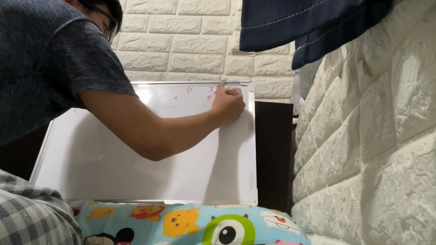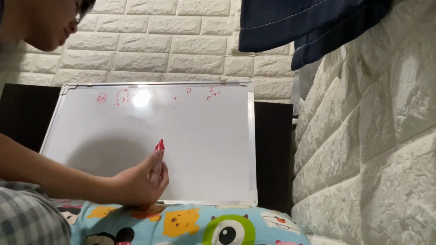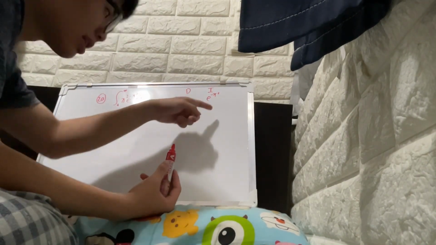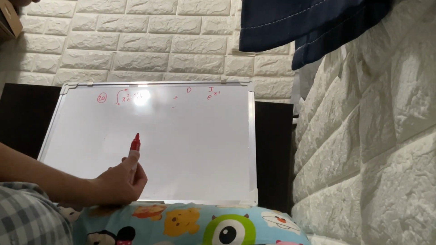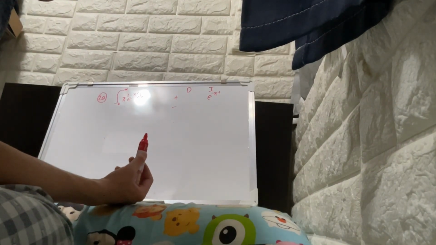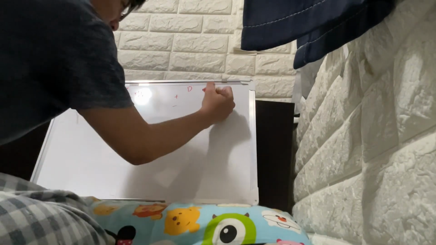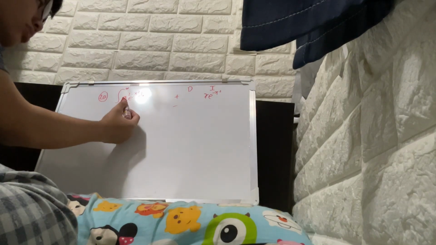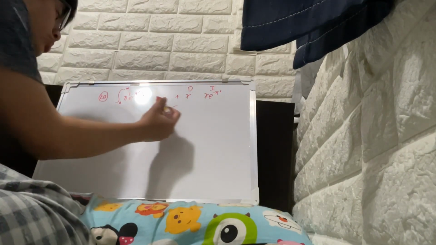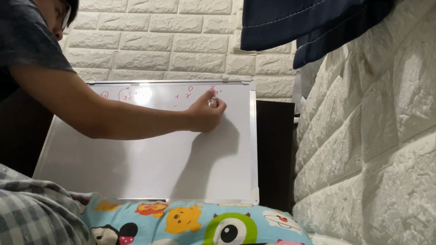We should not integrate e to the power of negative x squared. It is impossible to integrate, because it is not an elementary function. So we're going to put x here, because this is a multiplication, then choose this to be differentiate and this to be integrate.